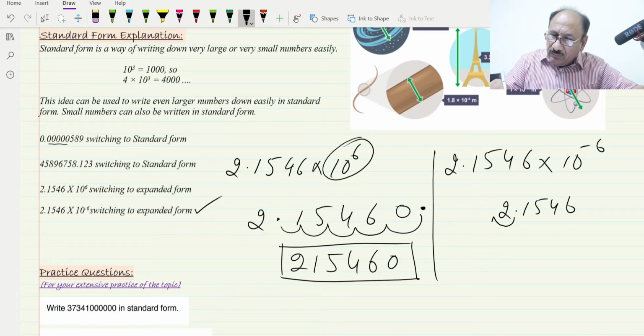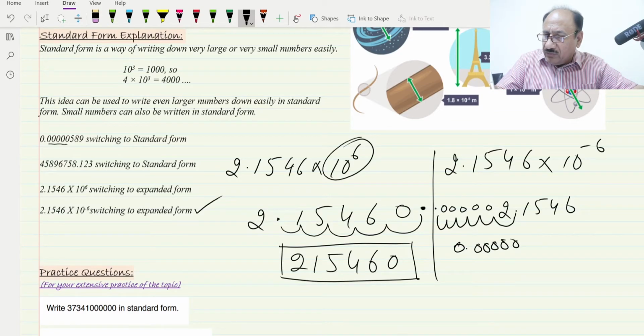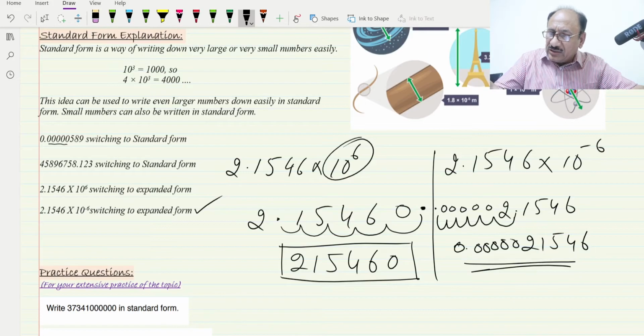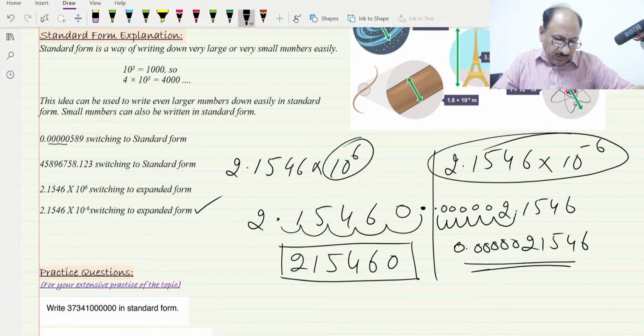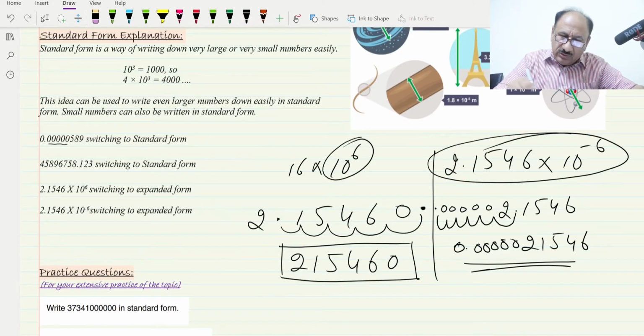So 1 jump, 2 jump, 3, 4, 5 and 6, and the decimal will be here. So 5 zeros, and this decimal will be shifted. So the answer will be 0.00000 21546. This will be the expanded form of this given question. Hopefully you understood this concept.